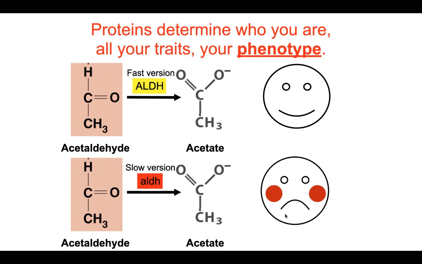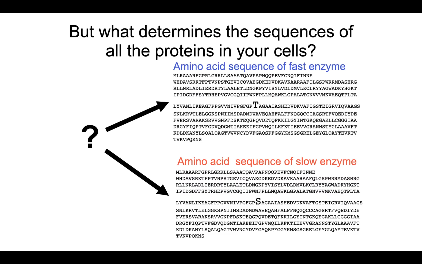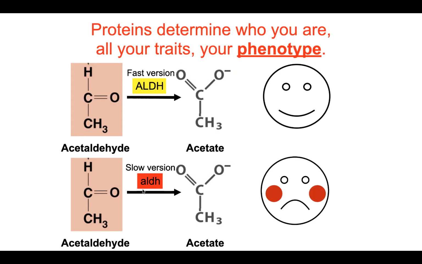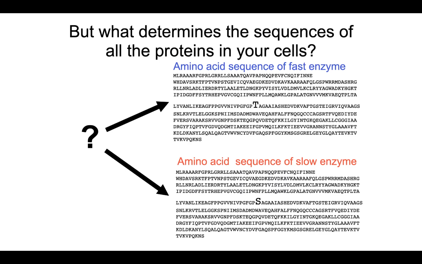So your phenotype, the traits that you have, are a direct result of the type of proteins that your cells make. Okay? And the difference here is, what is the difference between maybe the fast version of the protein and the slower version of the protein? Sometimes it's a simple one amino acid change.